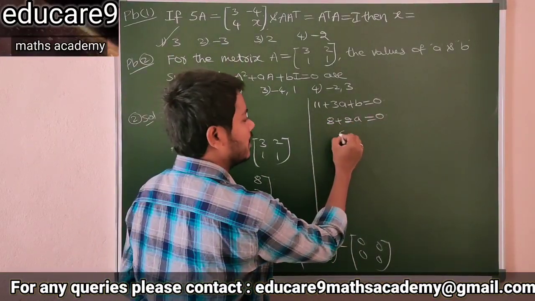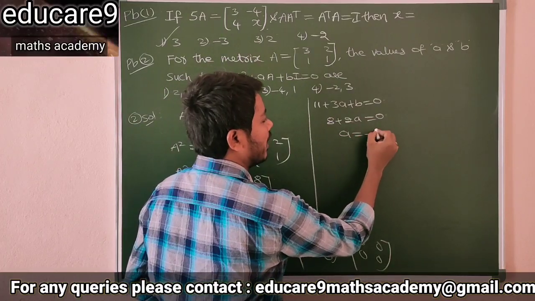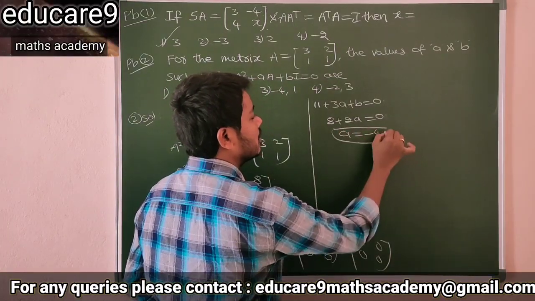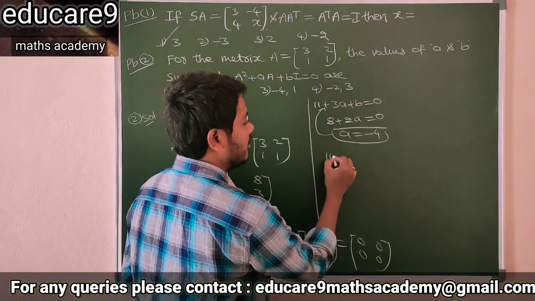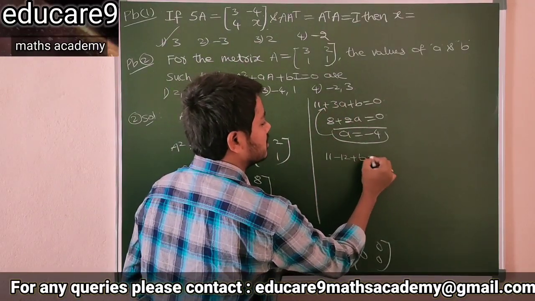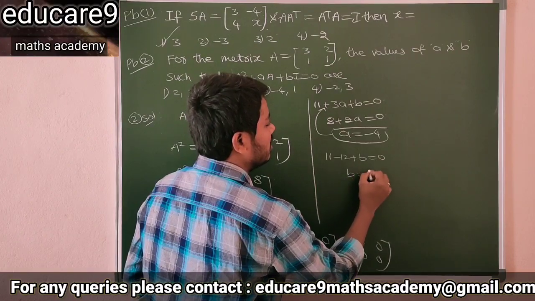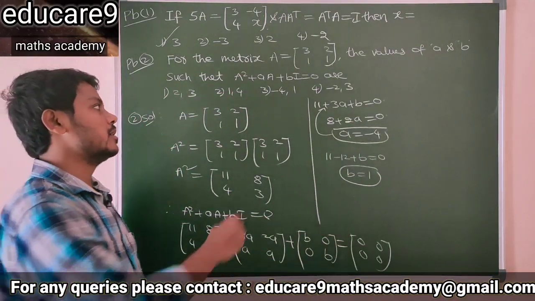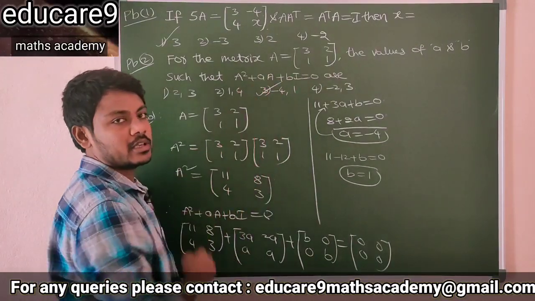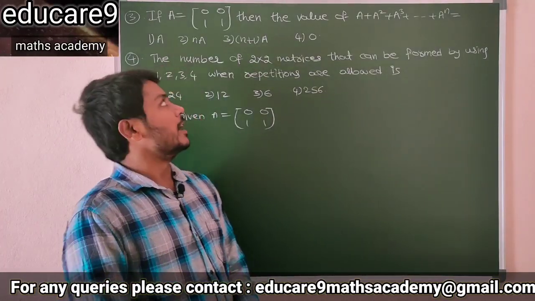So clearly a is equal to minus 4. So substitute the a value in the above equation. What do you get? 11 minus 12 plus b is equal to 0. So b value is 1. Therefore a is minus 4 and b is 1. So clearly option 3.